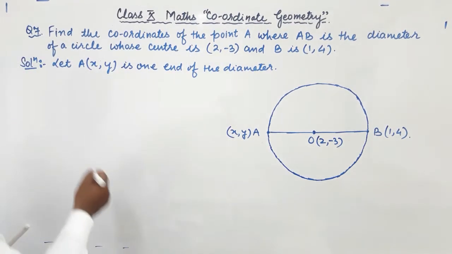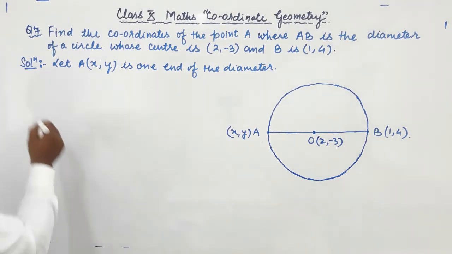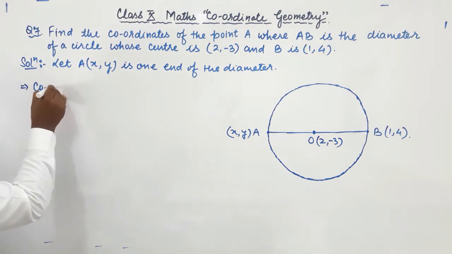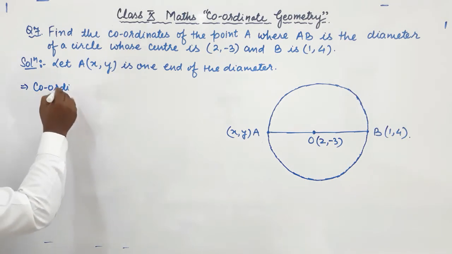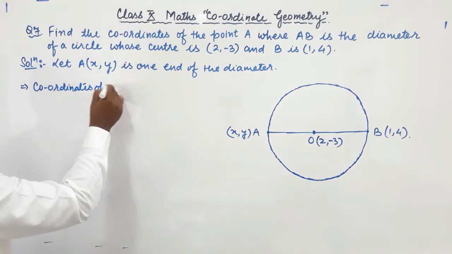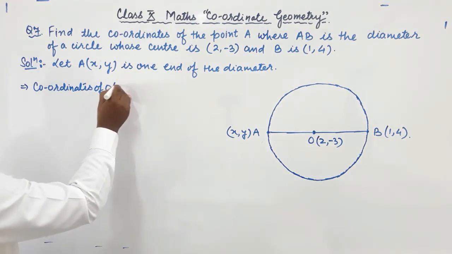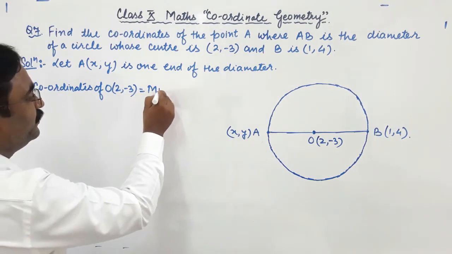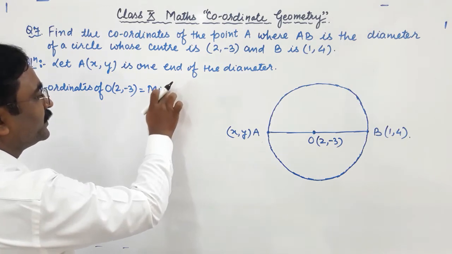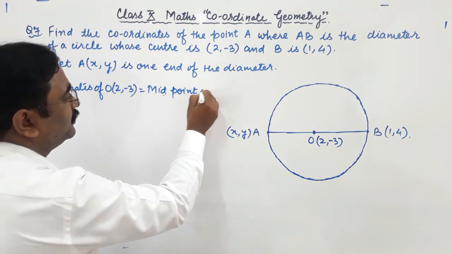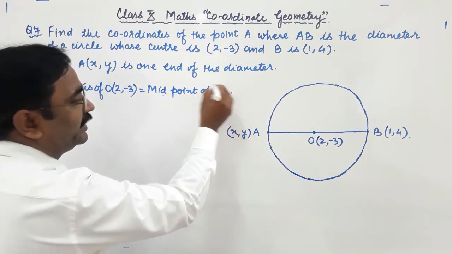Therefore, from here it is clear that the coordinates of O, which are 2, minus 3, equal the midpoint of AB.